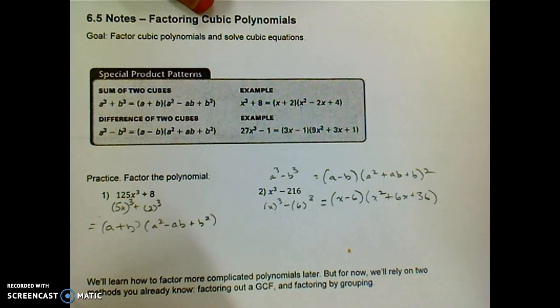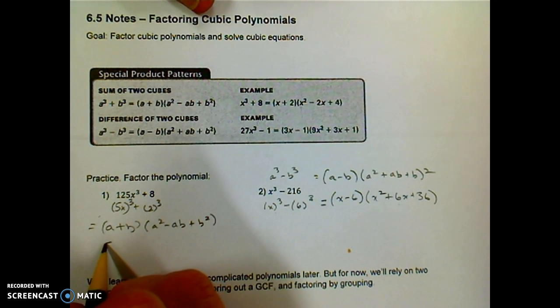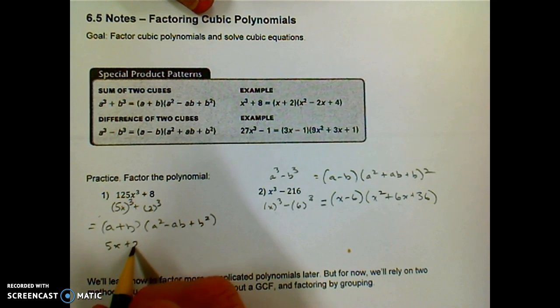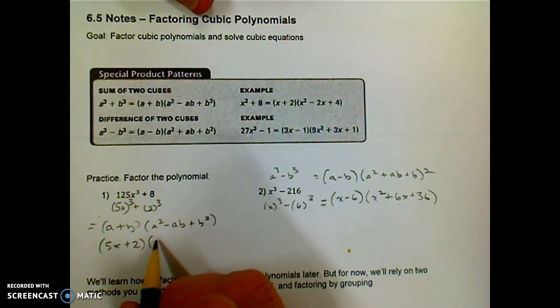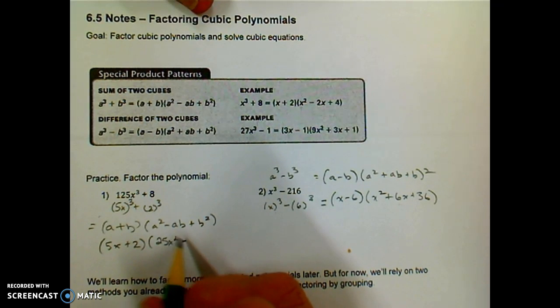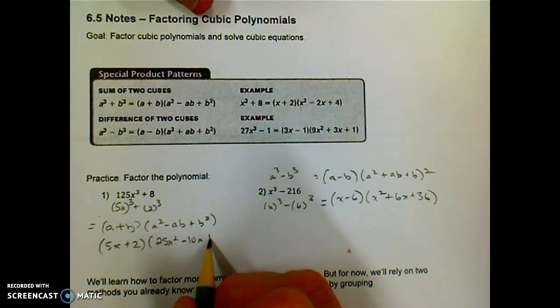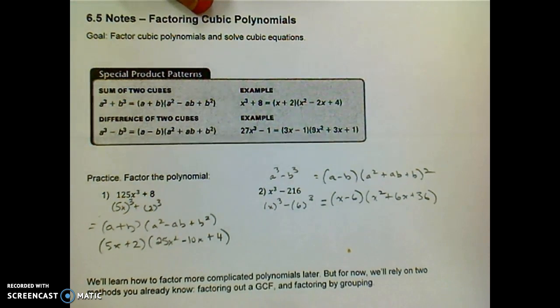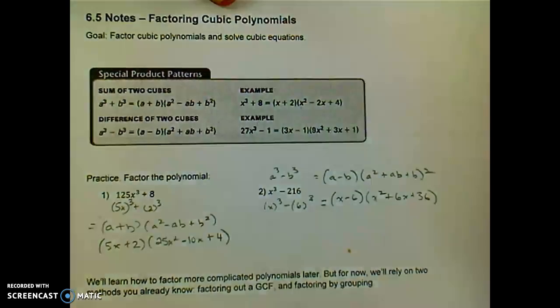Let's fill in our a and b now. 5x plus 2. 5x squared is 25x squared. Minus 5x times 2. 2 times 5 is 10x. Plus b squared, that's the 2 squared, is 4.